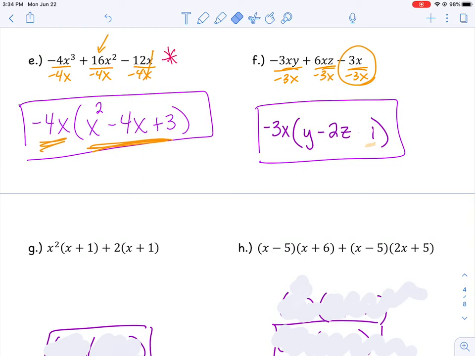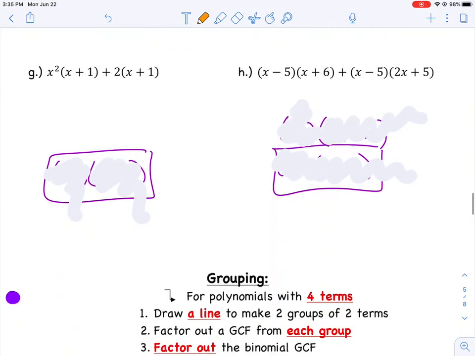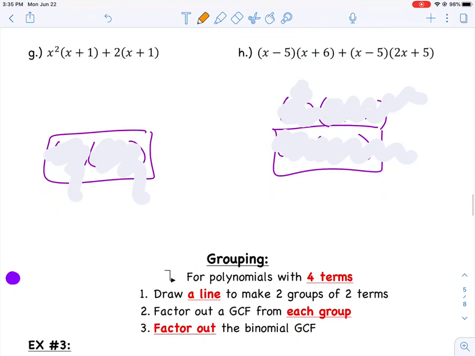Most students make a mistake and just write that, which is not correct. Think about if you were to FOIL that out or distribute that out, you'd be missing that last piece. So it's really important that you have that 1 there each time you factor out. Inside your leftover factor is 3 terms. You should have the same amount that you started with. Okay?